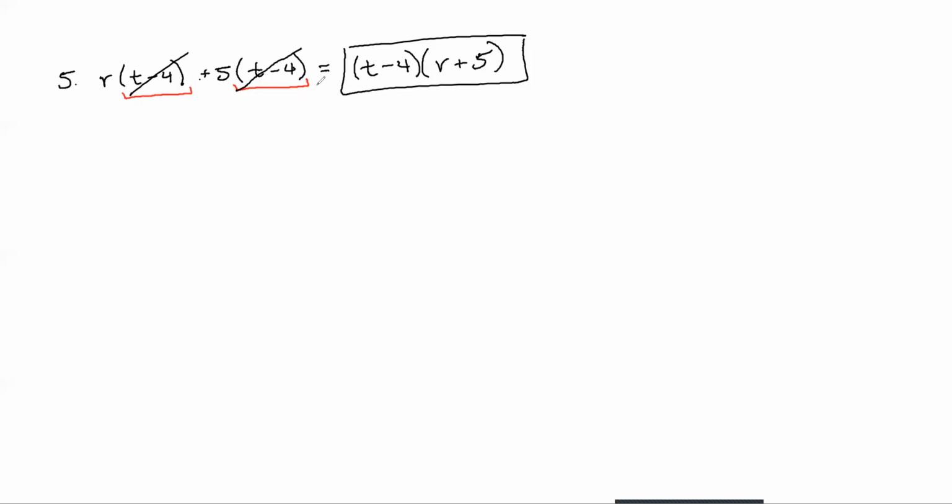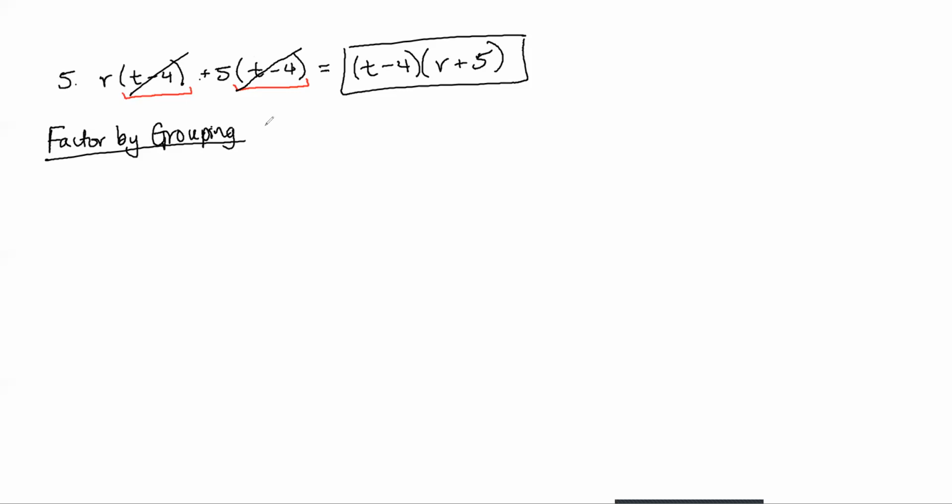Okay, so let's go ahead and use what we just saw here in factor by grouping. So this is our first big method for factoring. Factoring out the GCF is just something you always have to do.